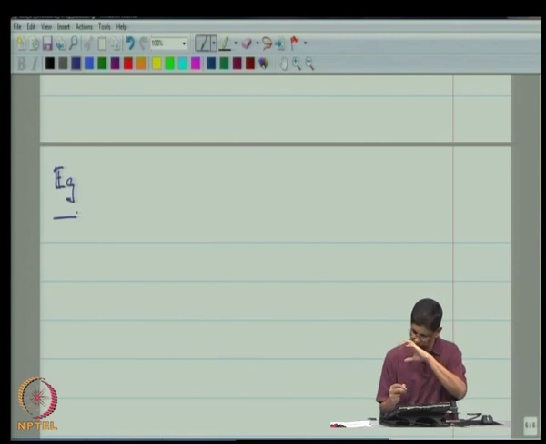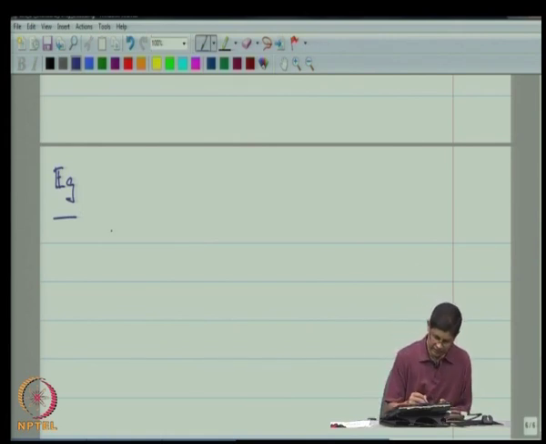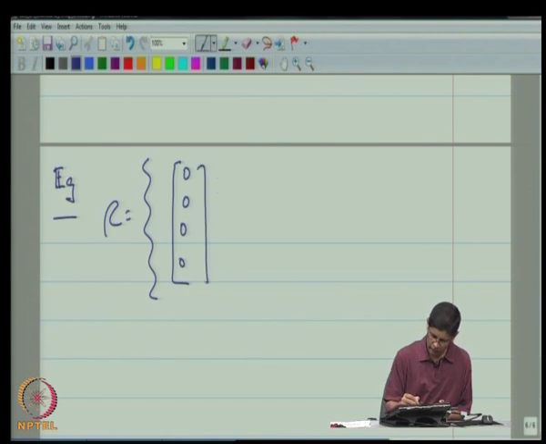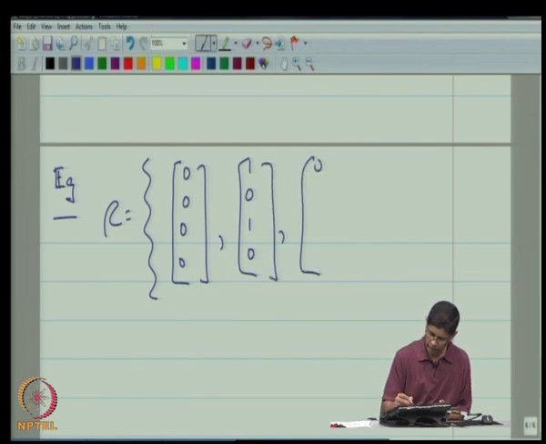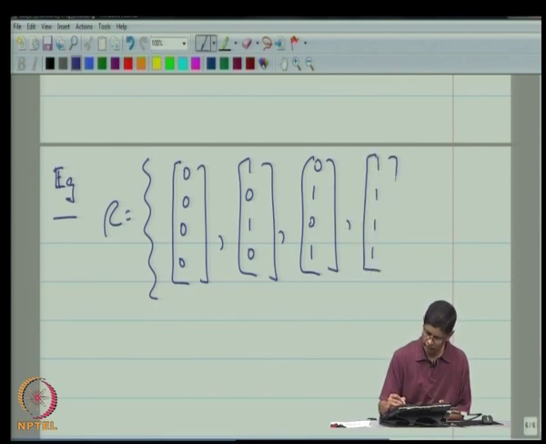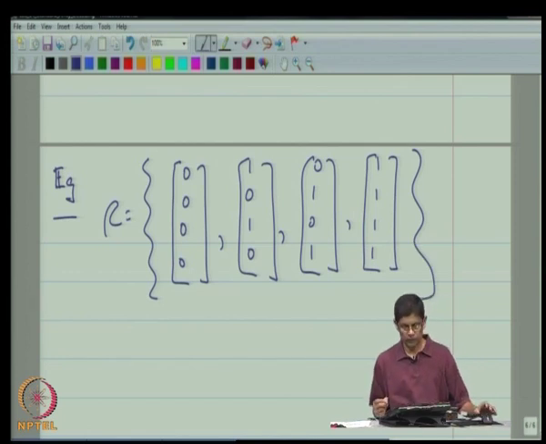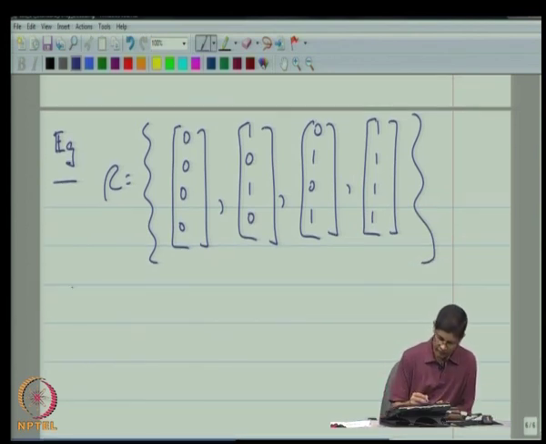So, in our example, let C be the following code. Okay, so this is the code, and in this case the parameters are obvious.